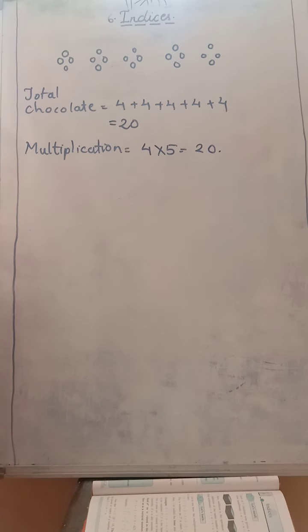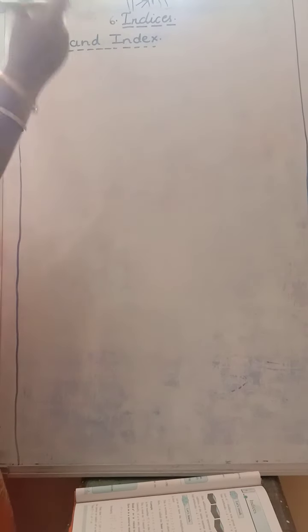So now in this lesson, the first point what we are going to study, that is, we have learned how to add a number several times. We have also learned how to multiply the same number several times. So now let us see the multiplication of a number by itself.